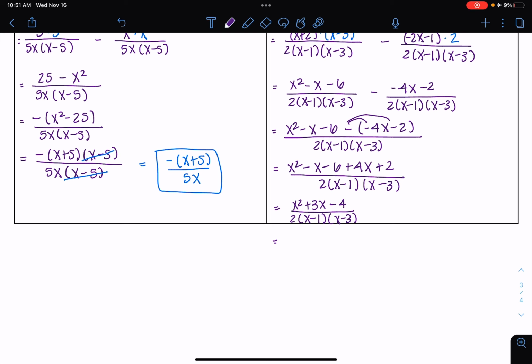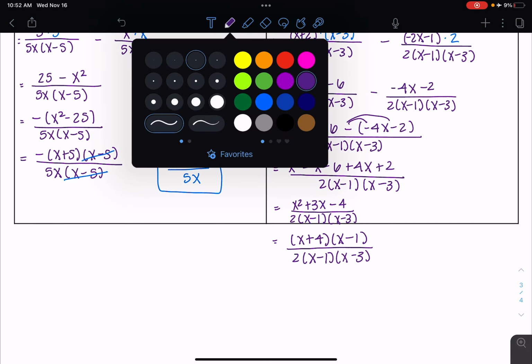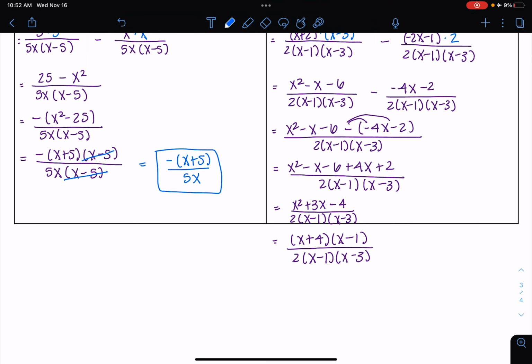And I see that's going to be 4 and negative 1. So this top gets me x plus 4, x minus 1, over 2 times x minus 1, x minus 3. And now seeing I do have a common factor of x minus 1 on top and bottom, so my x minus 1s cancel out. And I'm left with an answer of x plus 4 over 2 times x minus 3.